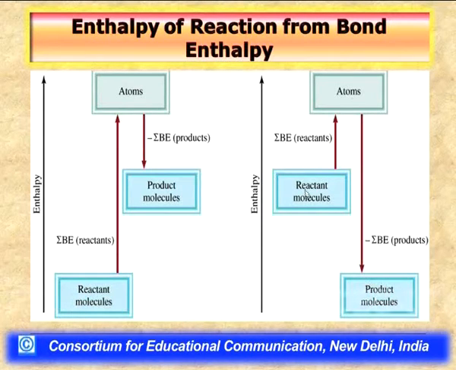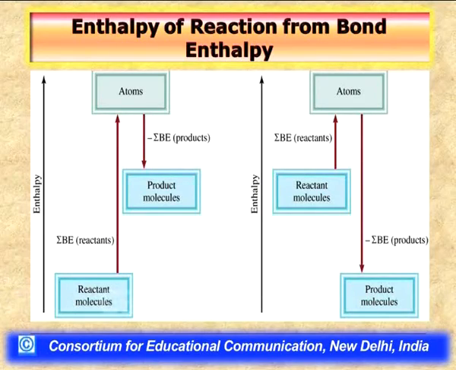So it is the difference of the sum of bond enthalpies of reactants and products that leads to the enthalpy change for the reaction. This is another way, utilizing the data on bond enthalpies, to get the enthalpy change for a desired reaction.